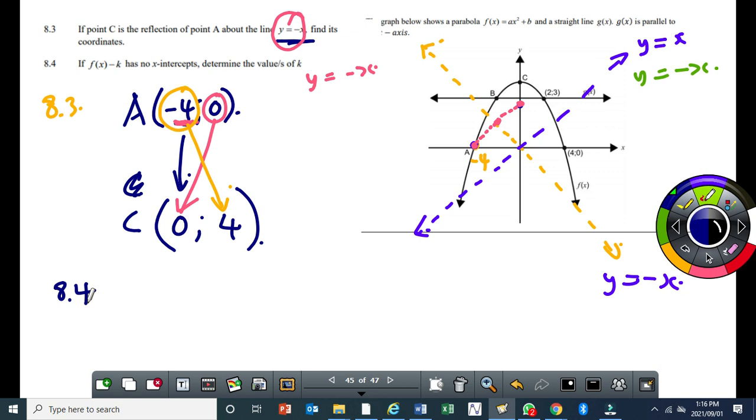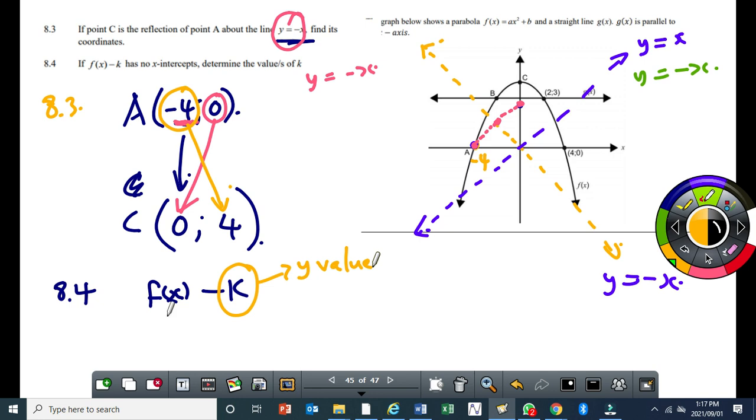What you need to know is that in f of x minus k, this k here represents a y value, or a specific value that we are subtracting from f of x.